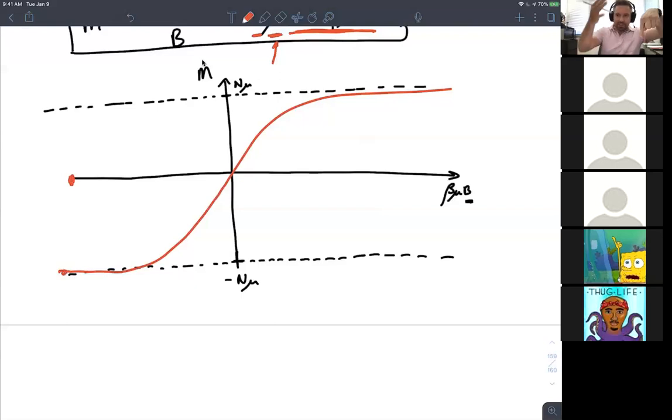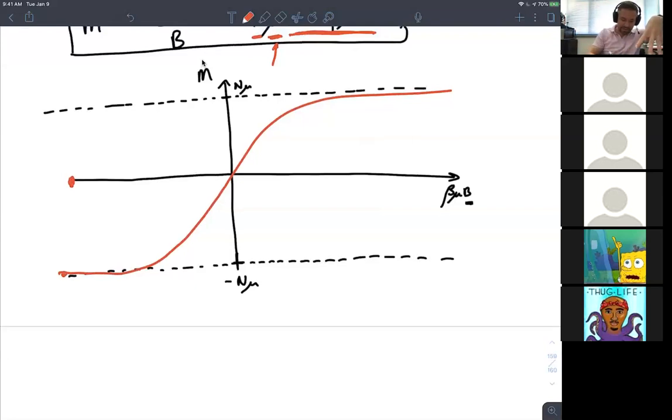That causes all the spins to line up with it and point down, such that the net magnetization is just minus N times mu. That is, all of your electrons are pointing down.